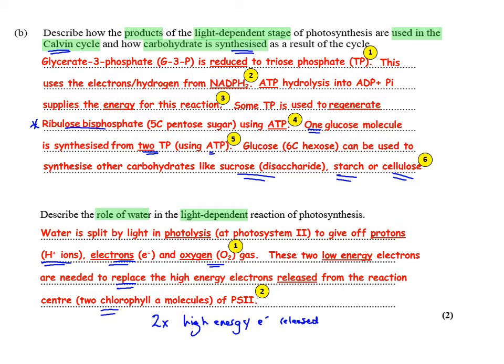So in order for continued electron transport chain reactions to occur and electrons to continuously move down the electron transport chain, these 2 high energy electrons must be replaced by low energy electrons released from the photolysis of water, and that occurs at photosystem 2.